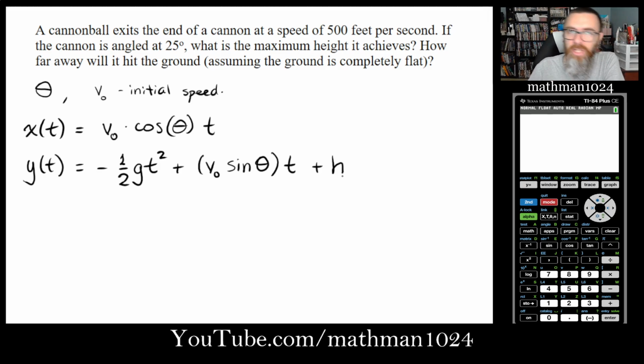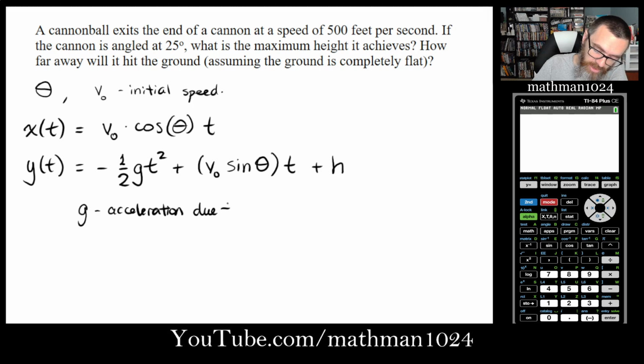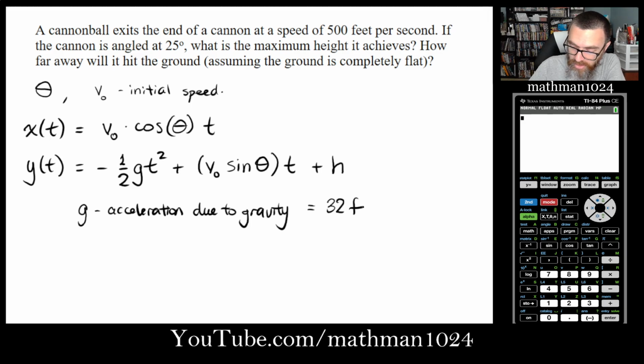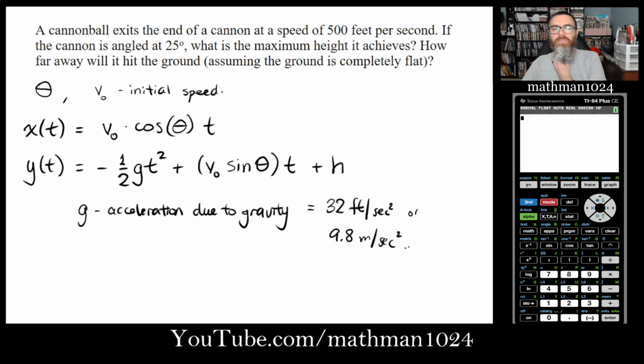So when we're talking about our normal everyday things, the g is going to be that acceleration. So this is the acceleration due to gravity. And that is going to be either 32 feet per second squared or 9.8 meters per second squared.